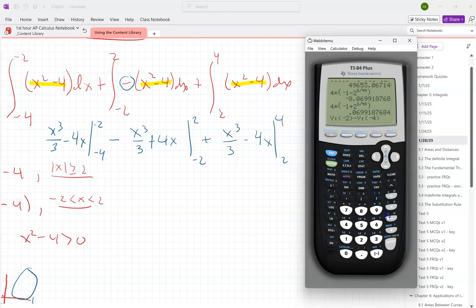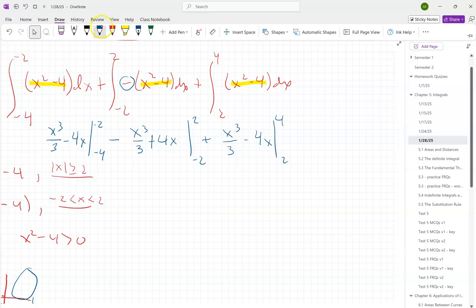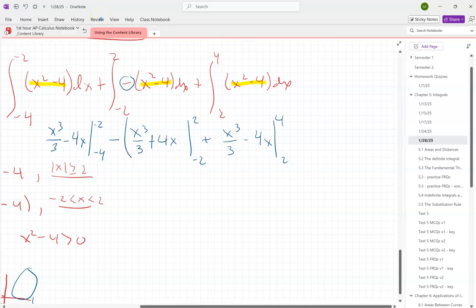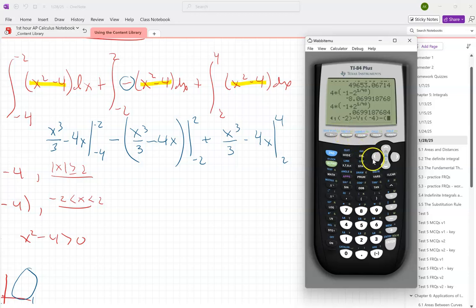And then I'll do minus, and I'll do a parenthesis. I would really think of that, so I don't have to muck around with a second one. And then I'll do y2 minus y of -2.